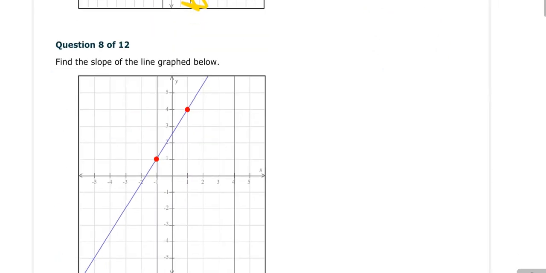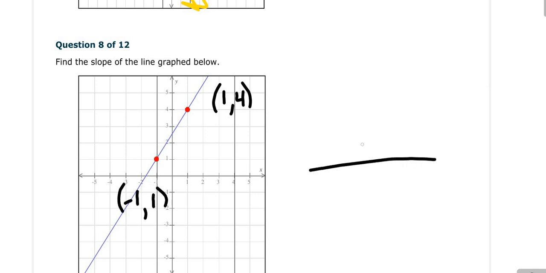Find the slope of the graph below. You can do that algebraically or graphically. This is at 1, 4. This is at -1, 1. You can go y minus y over x minus x.